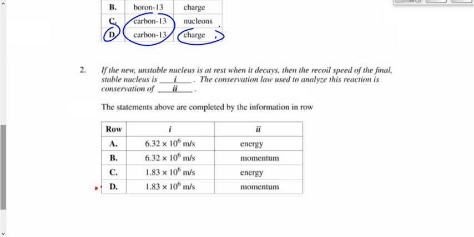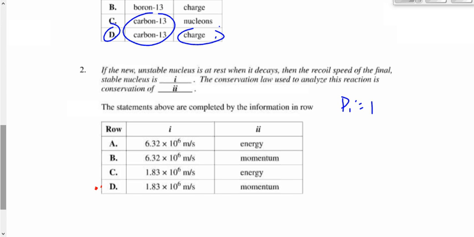Well, if we have a nucleus that's sitting there waiting to decay, why wouldn't that be conservation of momentum? Just because we're not doing exploding cars and colliding cars and bombs doesn't mean we can't use momentum. If one object becomes 2, then that's conservation of momentum.